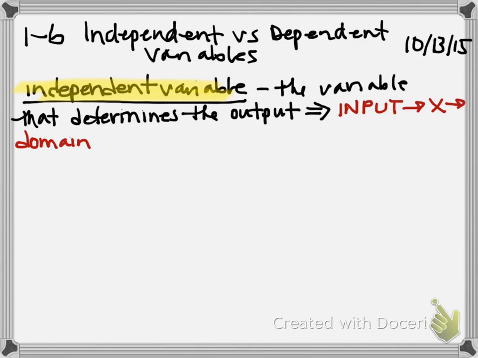So x exists, the input exists, the domain exists. And when we stick that domain, that input, that x, into our equation, we get out something. So that something we get is dependent upon what we put in. So that is our second definition, which is a dependent variable. Highlight him again.